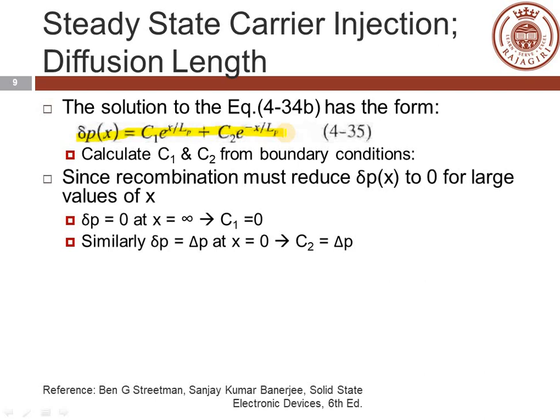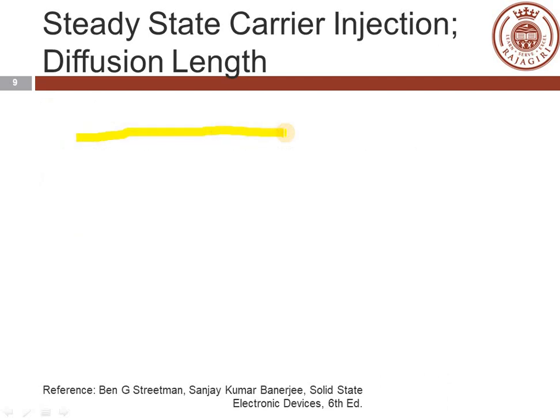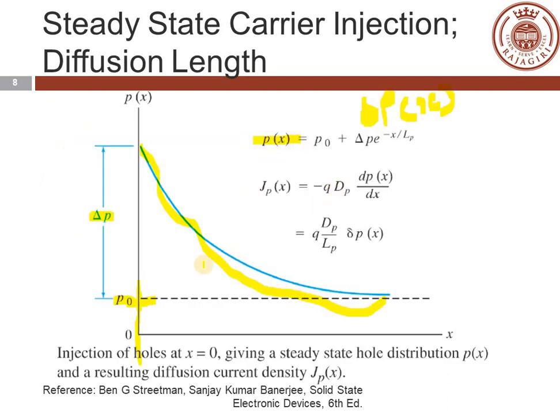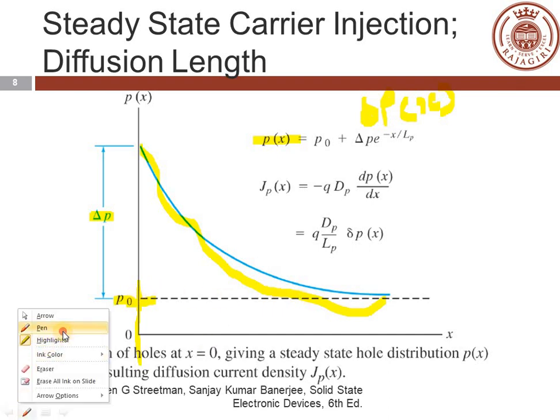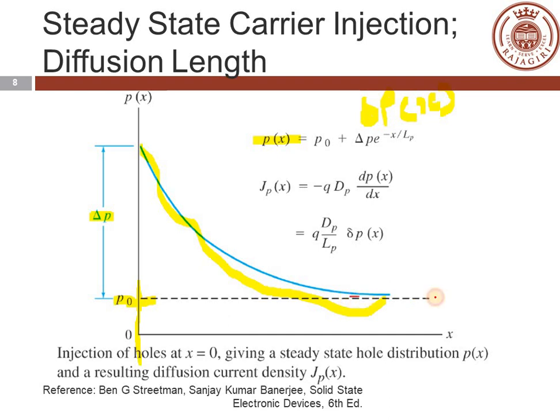First one is, we will be assuming the case of x equal to infinity, and we will be considering the case of x equal to 0. Now if you see this previous plot, at x equal to infinity, you don't have any excess carriers.